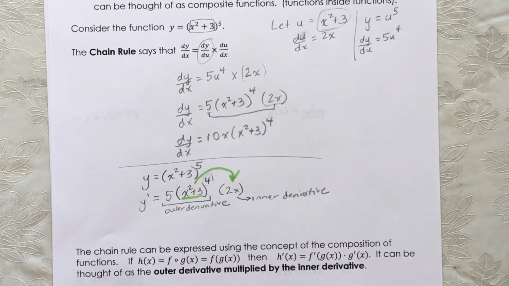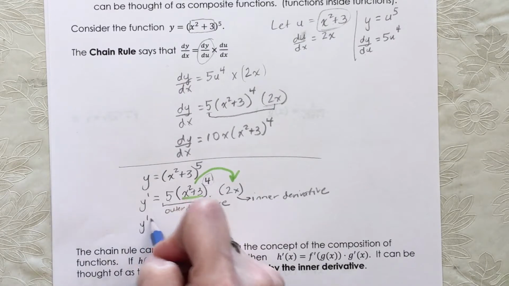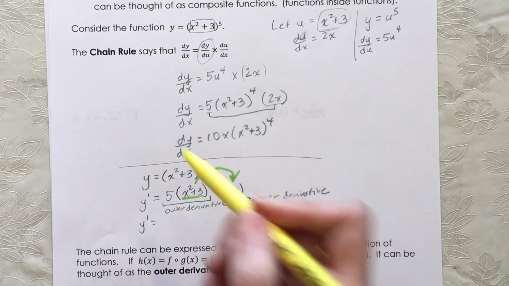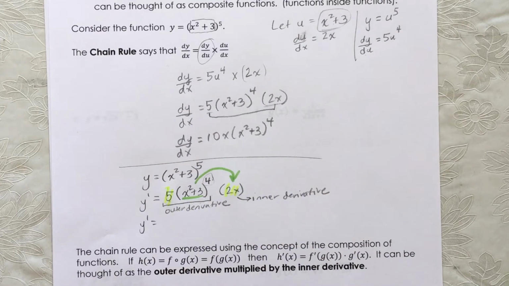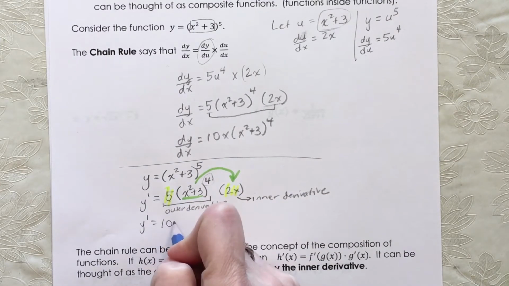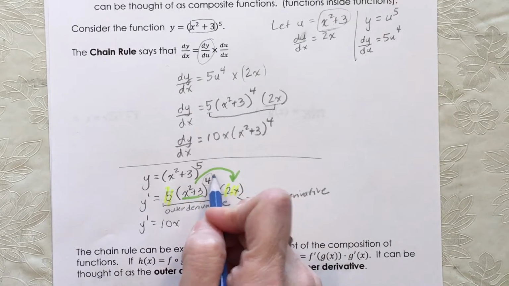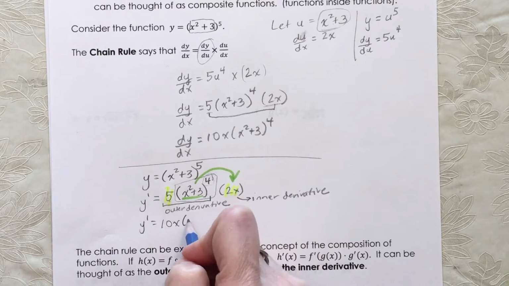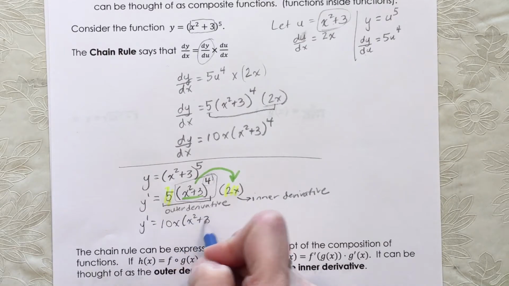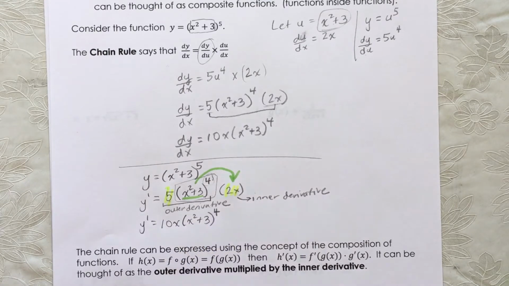So the chain rule is the outer derivative multiplied by the inner derivative. Again, these are both monomials, 5 and 2x can be multiplied together to give you 10x, and then times this part, which you can't multiply in because it's all to the power of 4. And there it would be in simplified factored form.